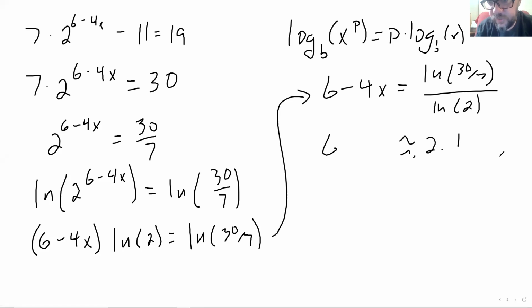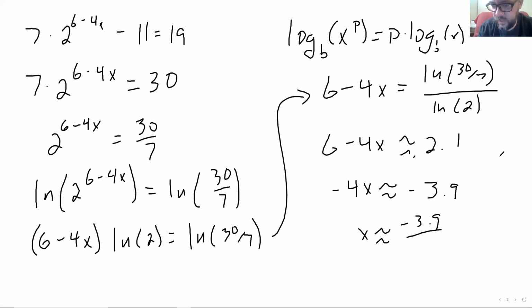So I got 6 minus 4x. Now we can go about solving this a variety of ways. I'm going to subtract 6 and then divide by -4. So subtracting 6, we get -4x about equal to -3.9. If you are not comfortable doing that subtraction in your head, write it down or use a calculator. Then divide by -4, so x is approximately -3.9 over -4.